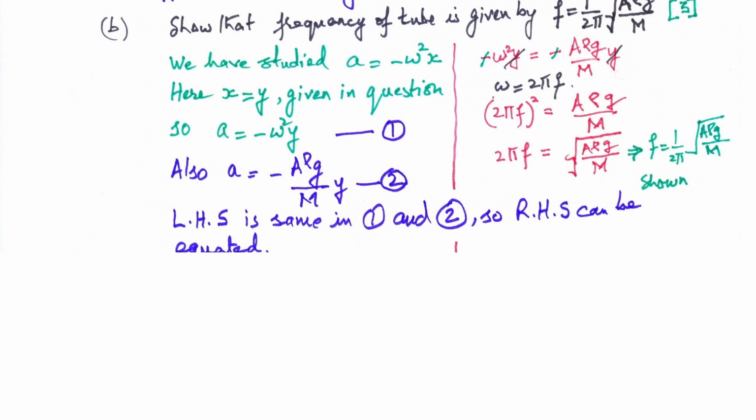Here x is equal to y because he has given in the question that displacement is y. So we can write down a is equal to minus ω square y.